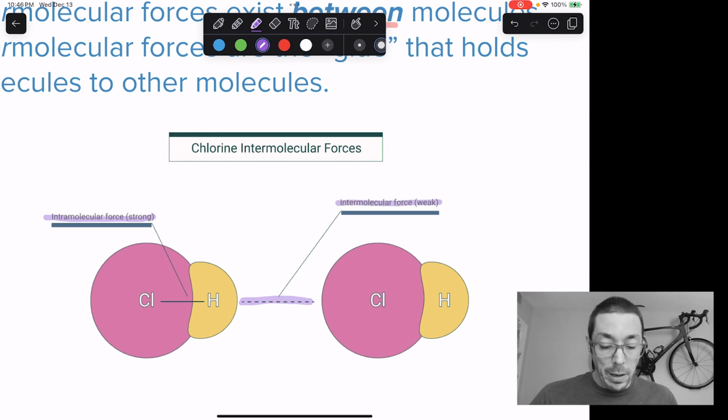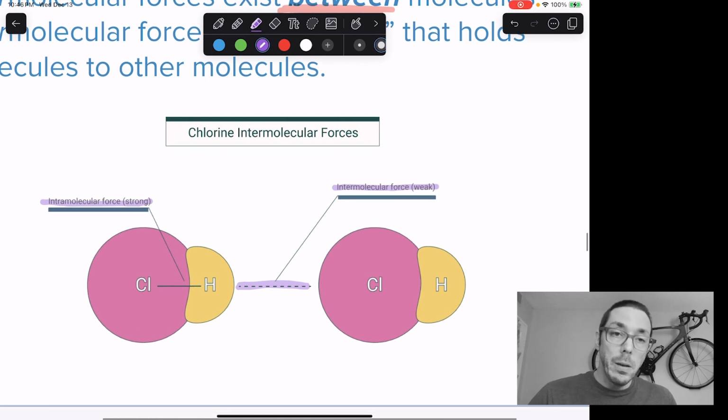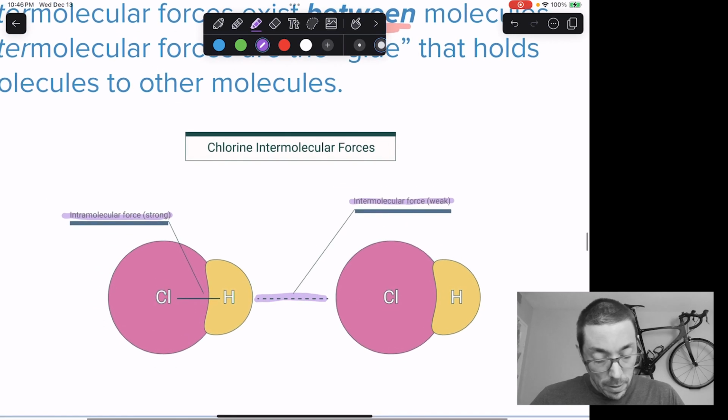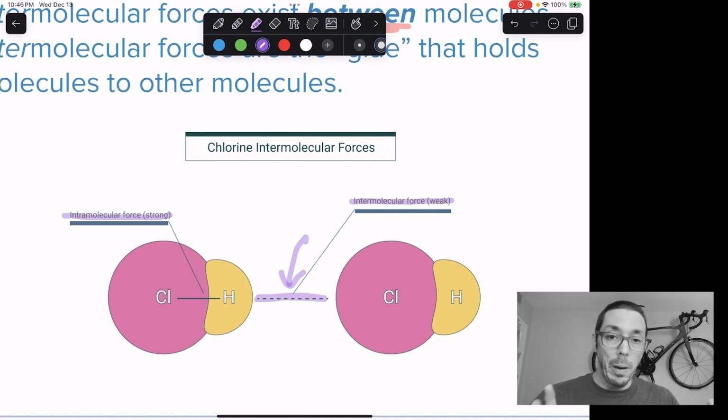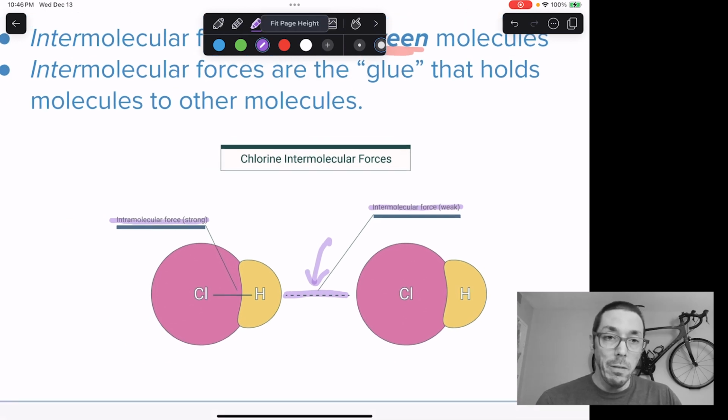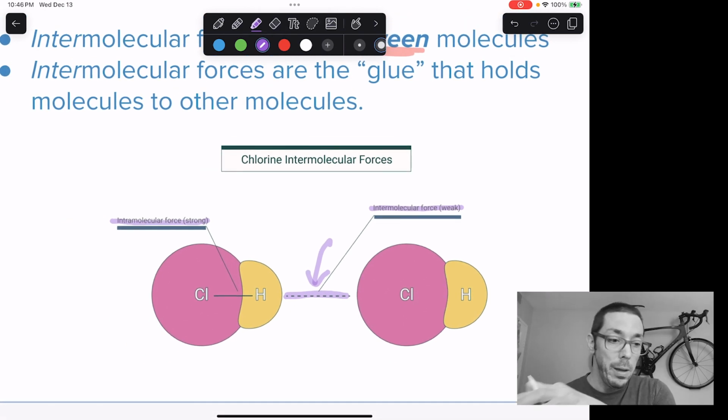And compared to the intramolecular force, intermolecular forces are a lot weaker than the actual bonds inside the molecule. But this is what we're going to be looking at, this attractive force or interaction between separate molecules. And there's 3 different kinds of them that we need to understand, and they range in strength from really weak to quite strong.